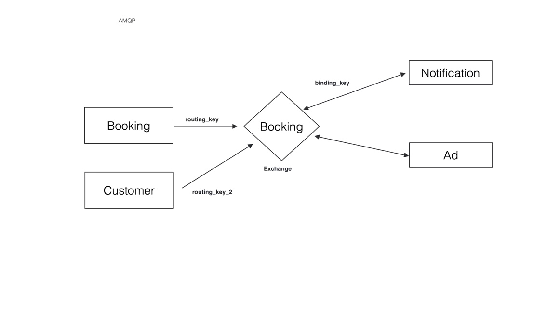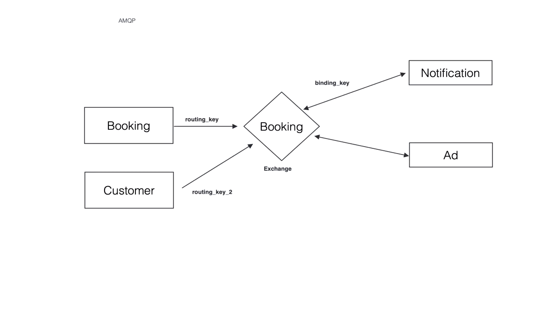Now there are other ways to deal with it. Now we see that there could be routing keys. So that way we call it a direct exchange, as opposed to the fan out exchange. In the direct exchange, the routing key should match the binding key.